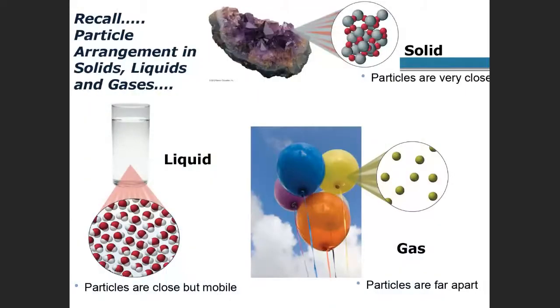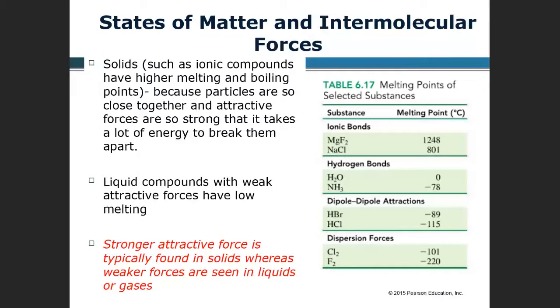So let's recall the states of matter. When we were talking about the states of matter, we said that we have three states: solid, in which the particles are very close; liquid, in which the particles are close but mobile; and gas, in which the particles are far apart. I would like to explain the states of matter according to the intermolecular forces. Look at this example.